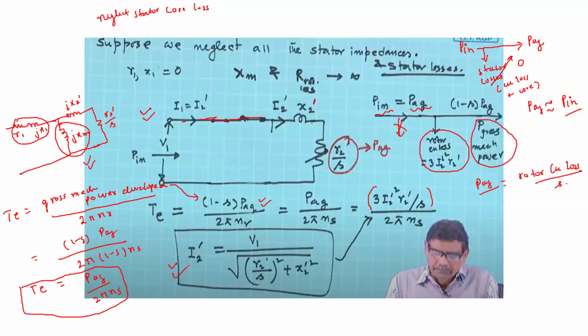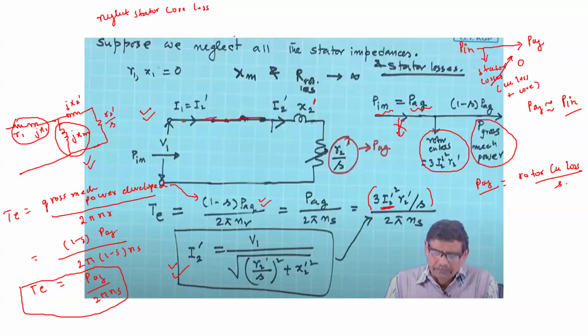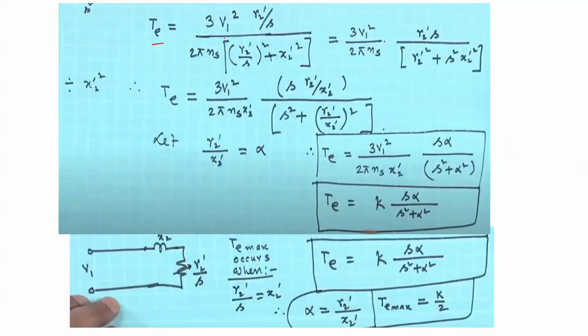So if we substitute this I2 dash expression back in here, let us see what we get as the torque expression. In place of I2 dash, we have substituted the expression we obtained.